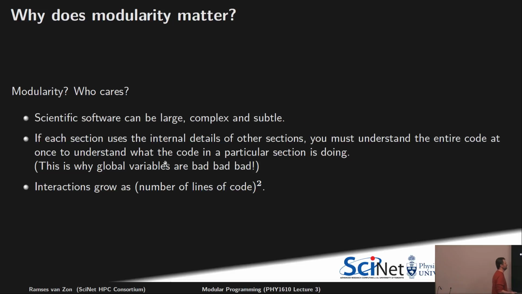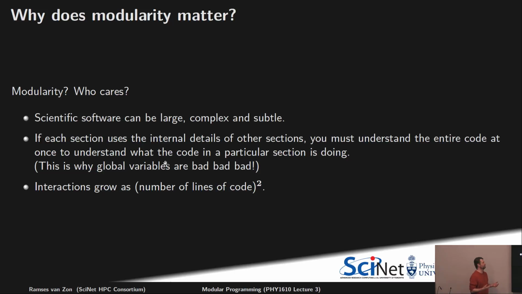So modularity, as we will see, is necessary because scientific software can be large, complex, and subtle. If you put everything that your code is supposed to do in one big int main without trying to divide things up a little bit, it's just going to be unmanageable.